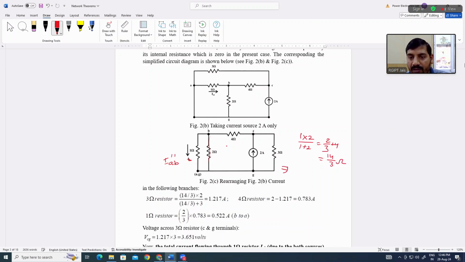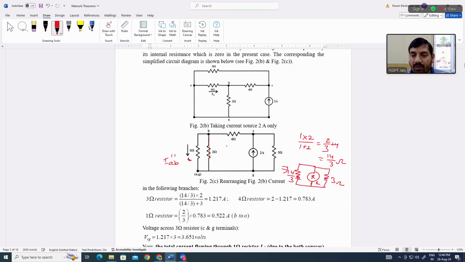So if you resolve this circuit, the circuit will look like this. The current is 2 ampere, this is 14 by 3 and this is 3 ohm.